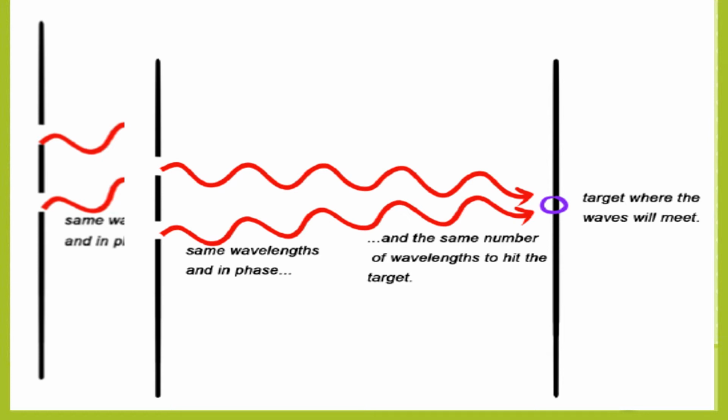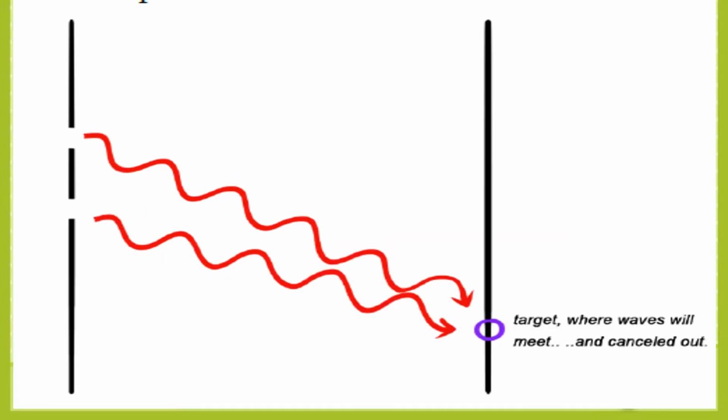What it gives you is a new wave. Here, at the target where the waves meet, the waves cancel out. So what do you expect? There will be no new waves formed.